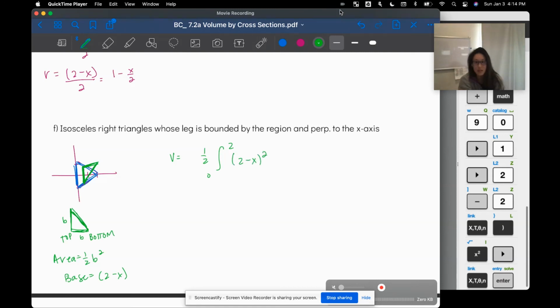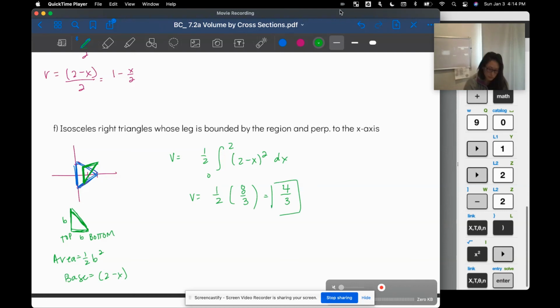It's an isosceles right triangle, so you multiply the two bases together. And we need to take the integral with respect to x. I used a calculator. I took the integral and got 8/3, times 1/2, so this gives me a volume of 4/3.